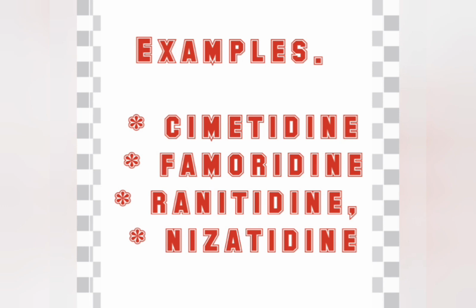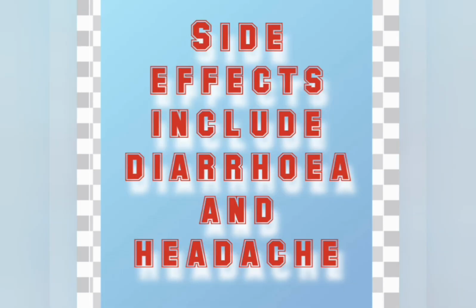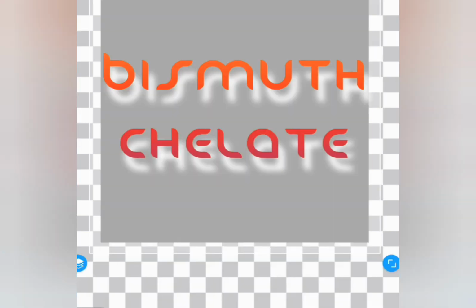Because acid is buffered during daytime by the food we eat. So if it is administered during the daytime, it may not have a well-desired effect on acid. Why? Because it is being buffered. Some possible side effects of this medication are diarrhea and headache.